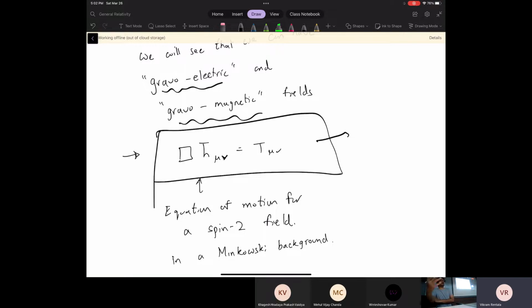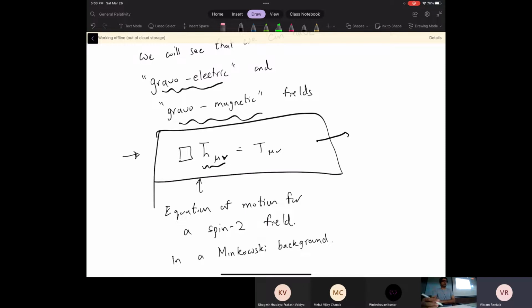What that strictly means is that in a background of eta mu nu, so assuming no sources so that you're approximately in a Minkowski background, if I take small perturbations around that, then gravity is described by a spin 2 field. That's what we really mean. So this can really be thought of as a tensor field in Minkowski spacetime.